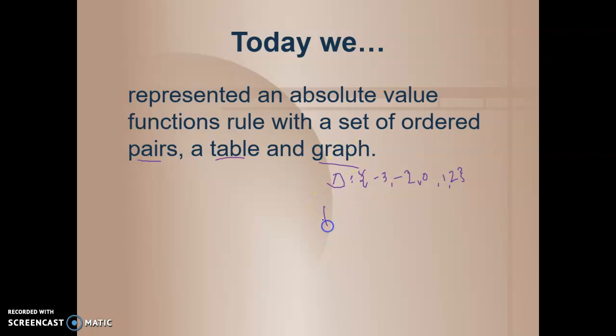If, however, you're just given a function rule and you get to choose your own x values in a table, then when you graph that, you are going to connect the dots because you want to show that any x values will work, that your domain is all real numbers.